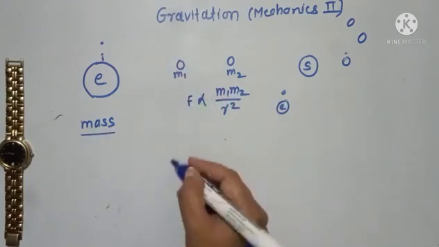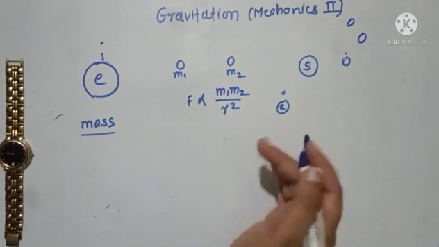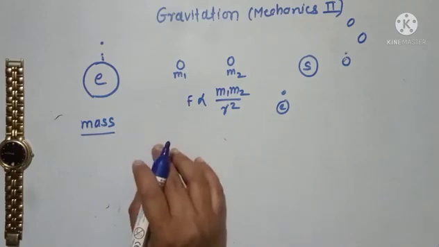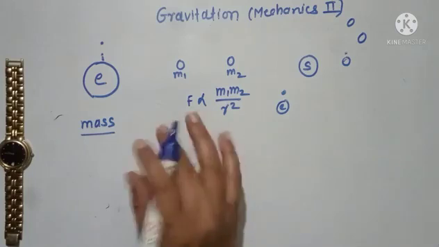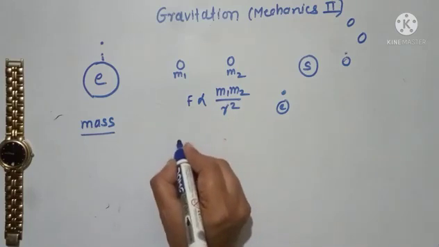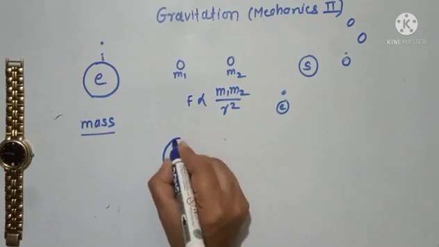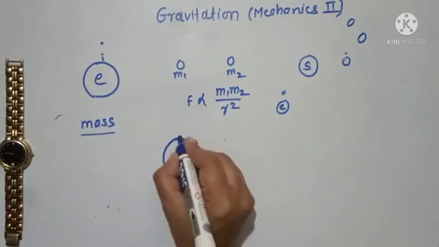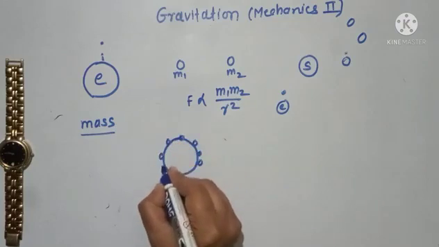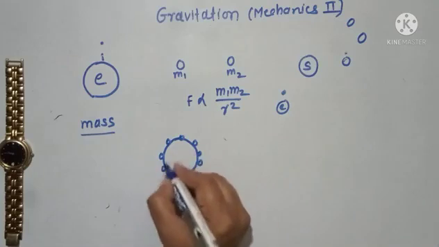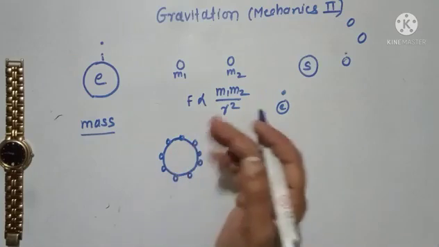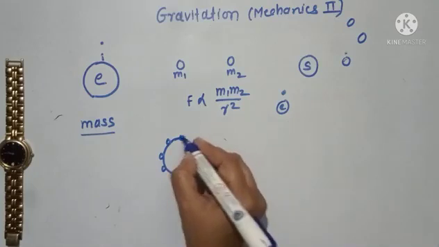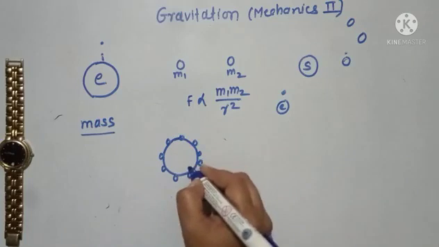Suppose you take a bucket and add some detergent into it, and make a foam. Then you can see that if there is a bigger bubble, smaller bubbles come and attach to it. That is due to the gravitational force field. As the gravitational force field of the bigger bubble is greater, the smaller bubbles attach to it.